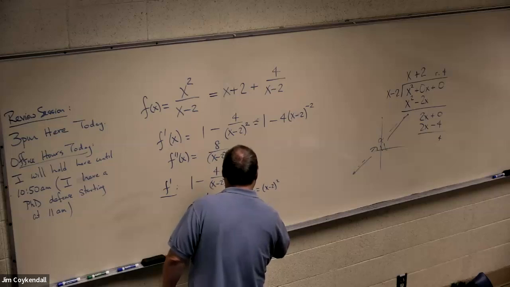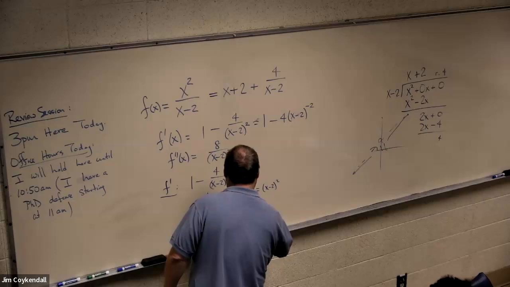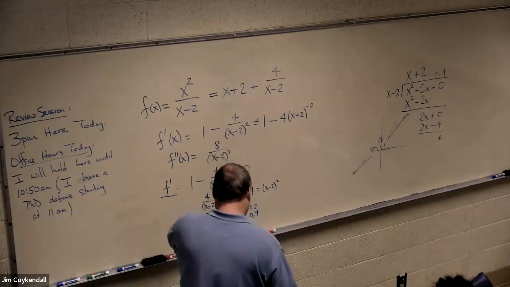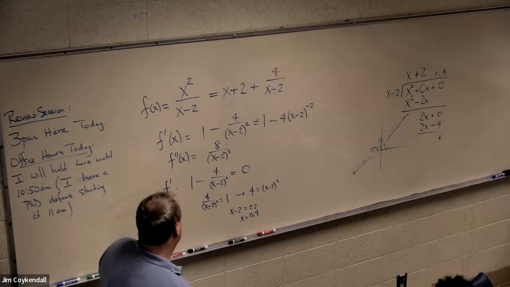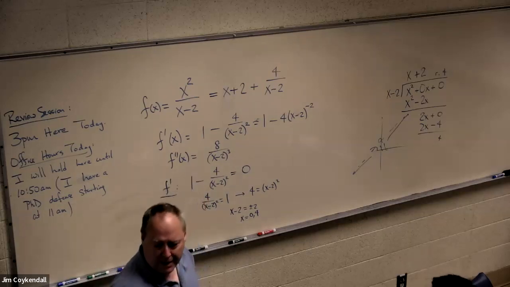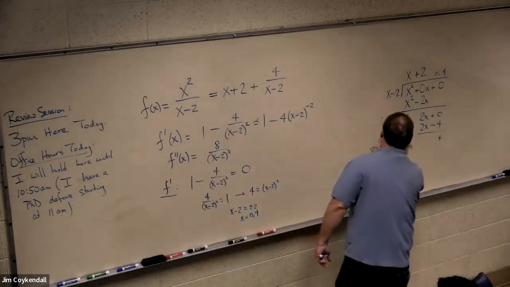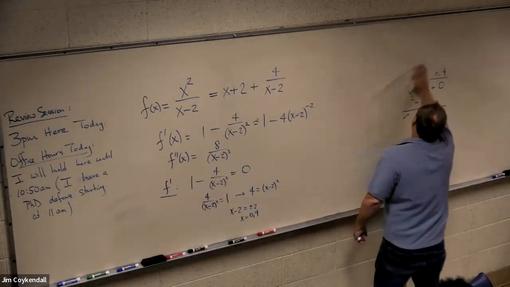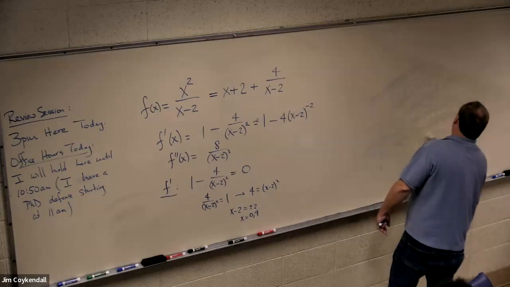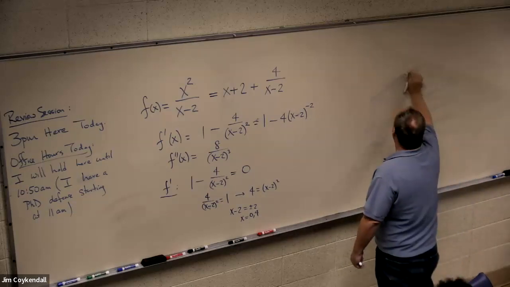So I get x is 0 and 4, done. So for the first derivative, there are 3 points of interest. There's 2, which makes that denominator 0. And then there's 0 and 4.